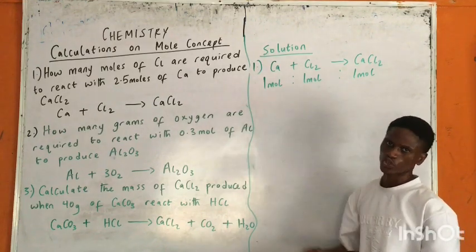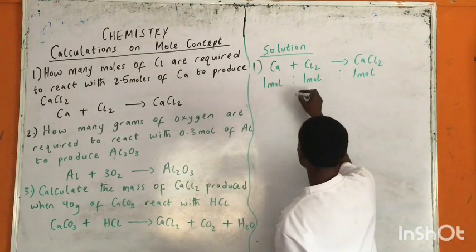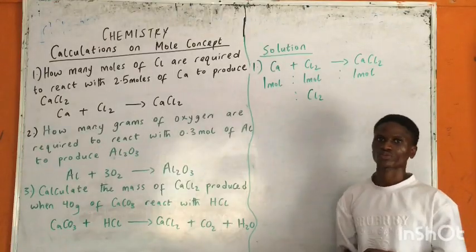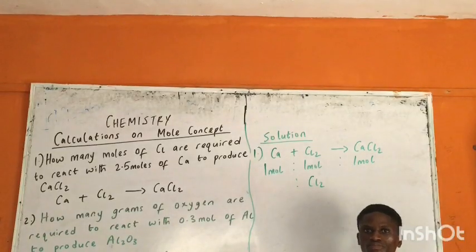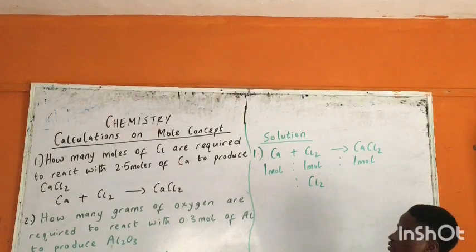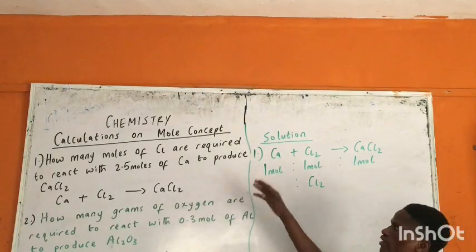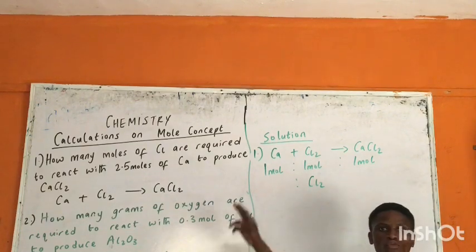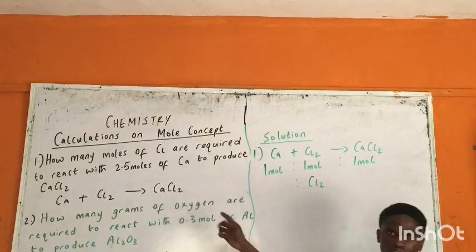So chlorine is the first one, chlorine is in question. The second one must be the one with value. How many moles of chlorine are required to react with 2.5 moles of calcium? So calcium is having value, so it's the second one.